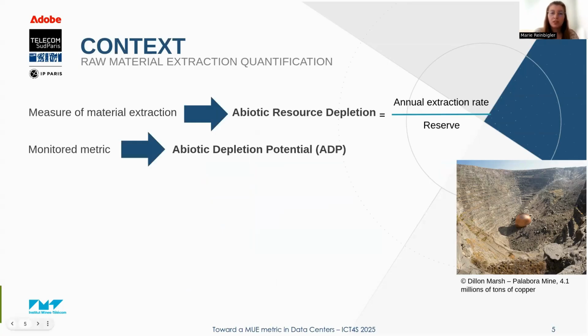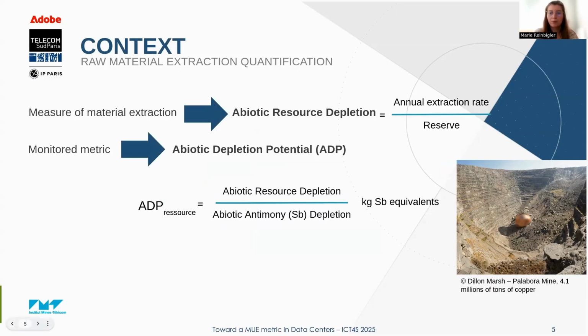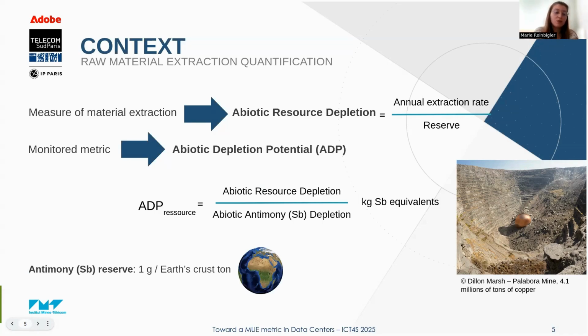It is more the abiotic depletion potential, which is actually the same abiotic resource depletion divided by the abiotic antimony depletion, expressed as kilogram antimony equivalent, and it is actually the equivalent of normalizing by the CO2 for CO2 equivalents. And antimony is actually a metal that is present on Earth with a reserve of 1 gram per Earth's crust dome.